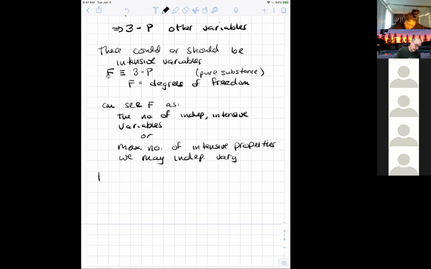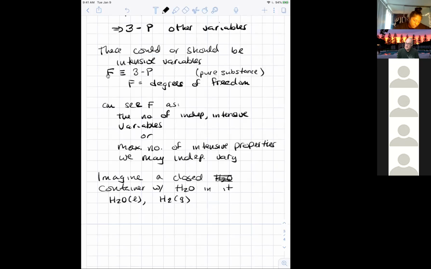So let's do a simple example that we might be able to get a handle on. Let's imagine a closed container with water in it, right? So once we close the lid, if we put liquid water in there, we're going to have liquid water and water vapor above it, right?